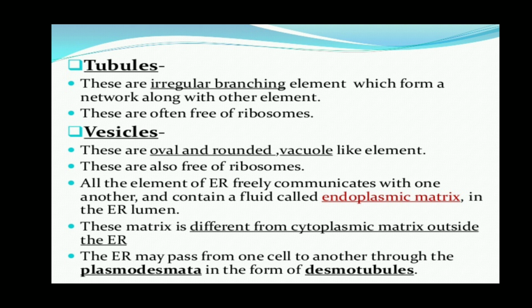The ER may pass from one cell to another through the plasmodesmata in the form of desmotubules. In this way one cell can interact with another cell. In the previous lecture we discussed plasmodesmata, right? So through the plasmodesmata desmotubules can transfer.